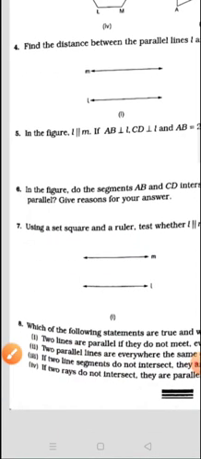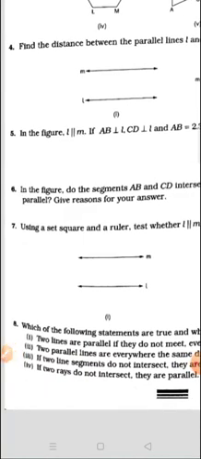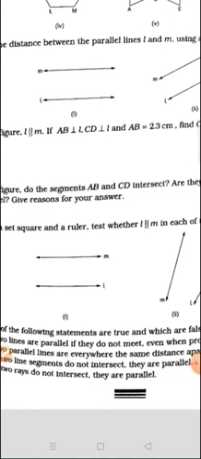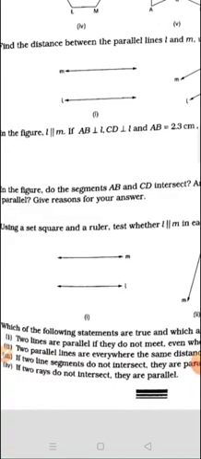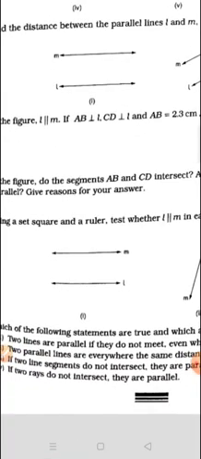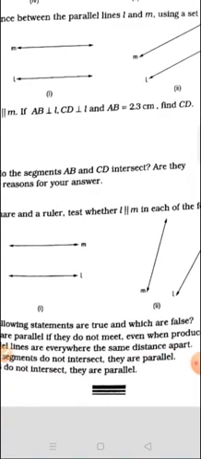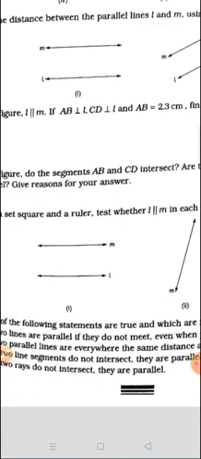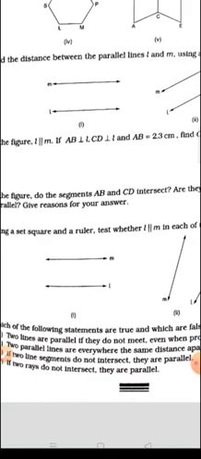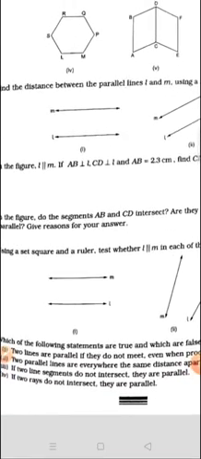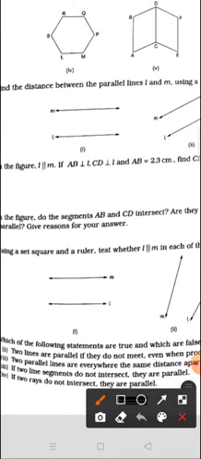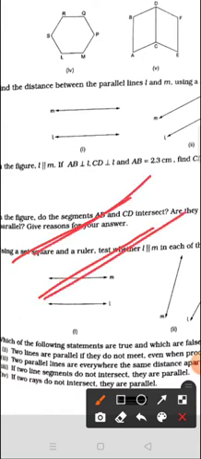Question 8. Which of the following statements are true and which are false? Two lines are parallel if they do not meet even when produced. That means this definition is correct. That is, the first part is true.